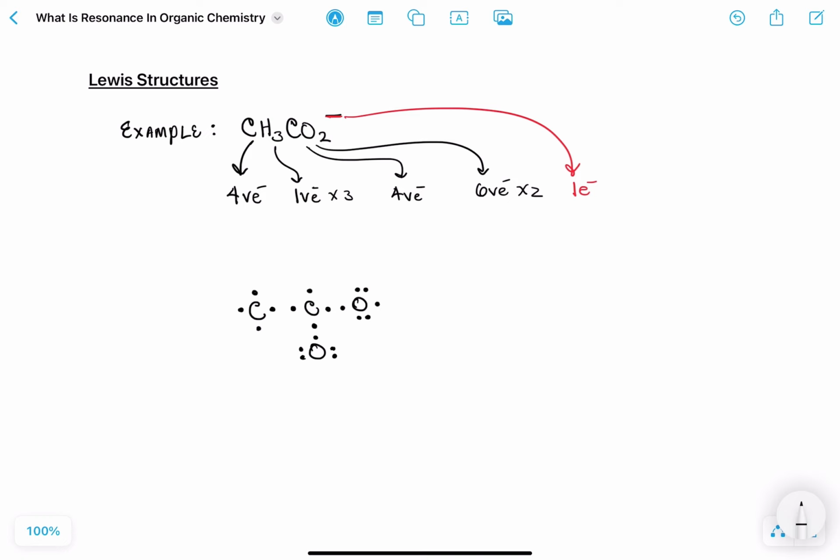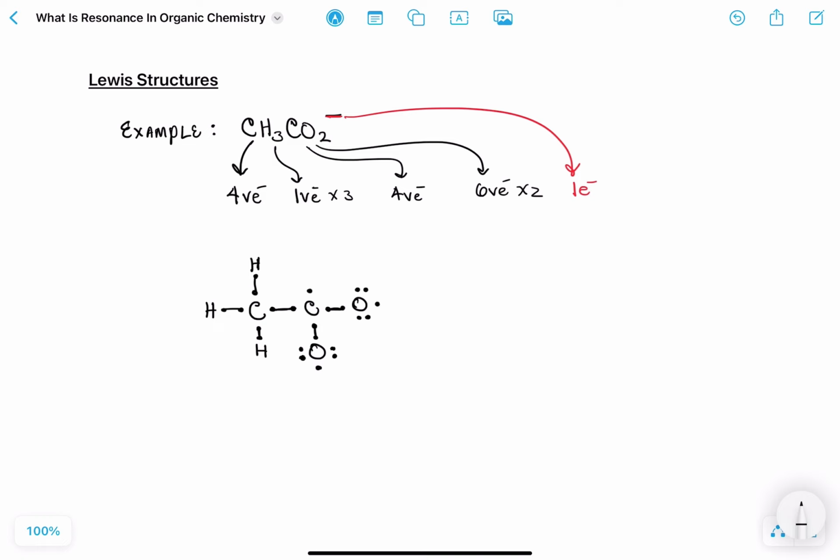Now you might ask, how did I know to put the oxygens in that position? If I put the oxygen between 2 carbons, I would figure out that would not be the ideal structure to meet all of the octets, and so on and so forth. So you've got to play around with it until you get to essentially where you need to go. And so here are the hydrogens, which each have a valence electron, making it a duet.